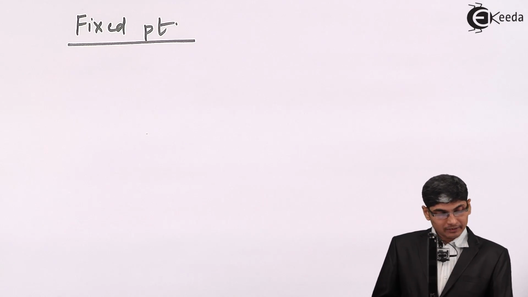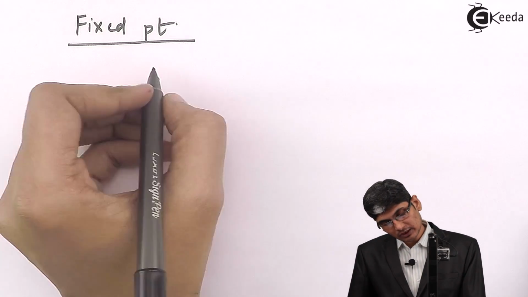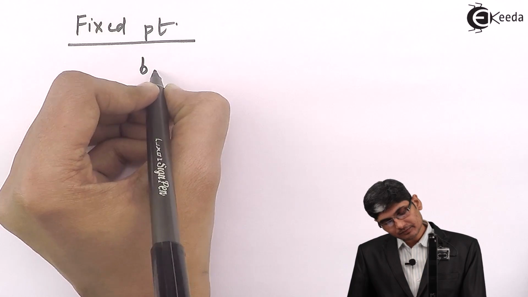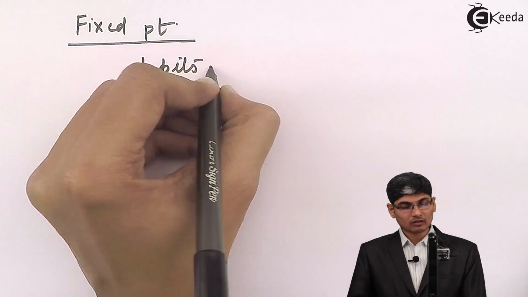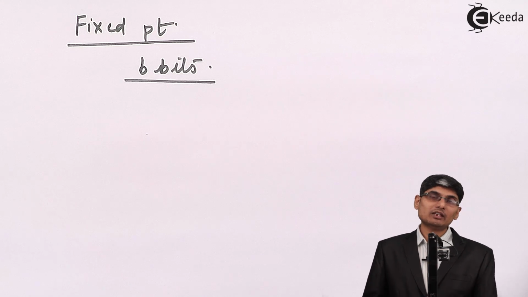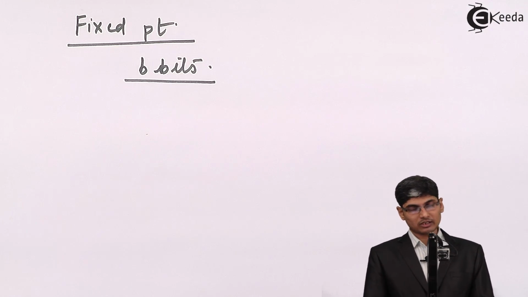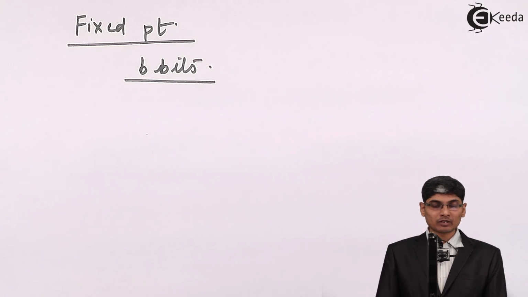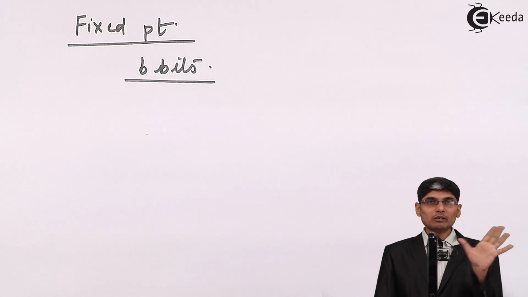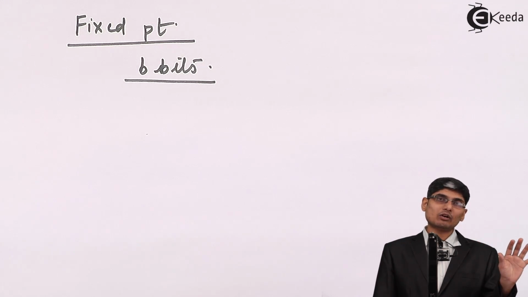So in a fixed point, let's say that a fixed point number is being represented using b bits, and the point is set after 8 integer bits. The b bits are segregated like this: I have total b bits, of which 8 bits are on the left of the point and 8 bits on the right of the point.